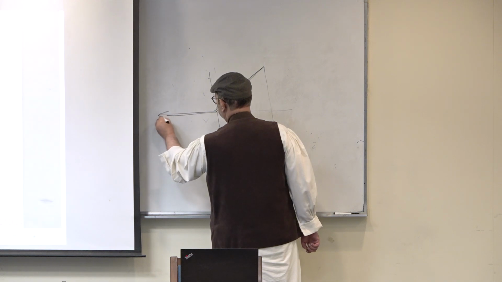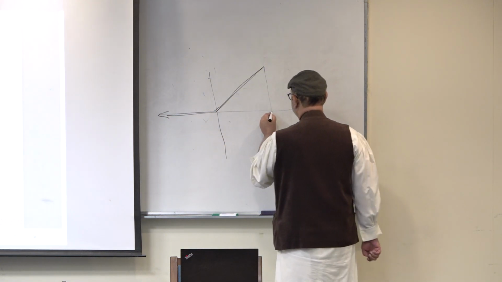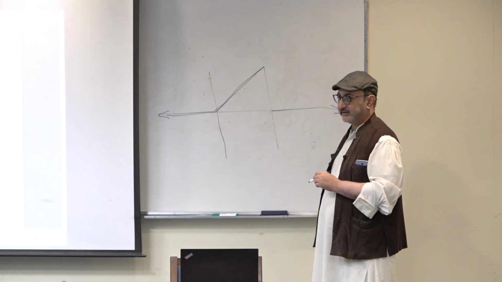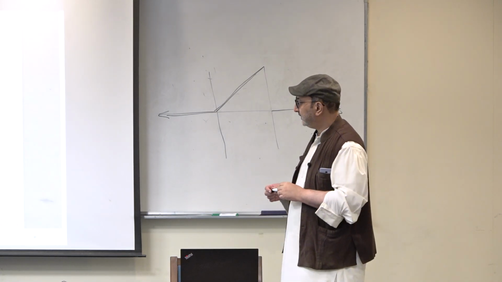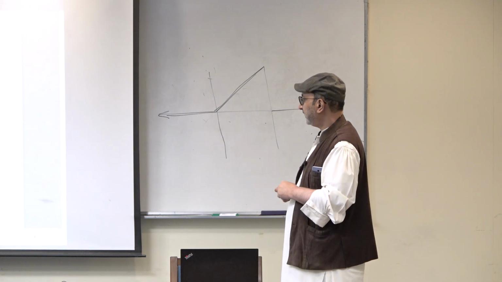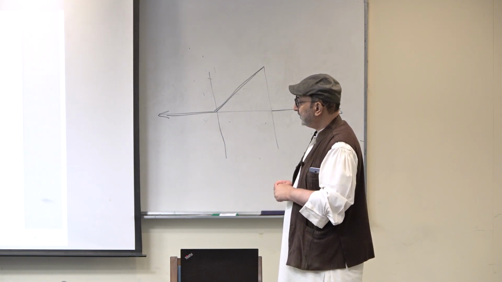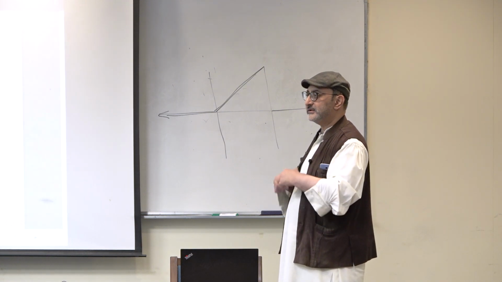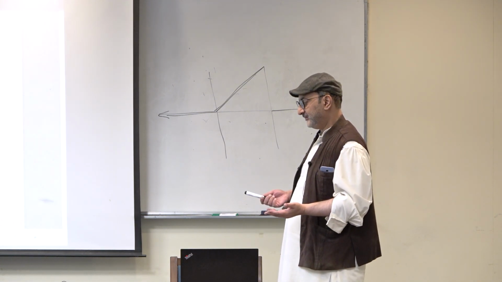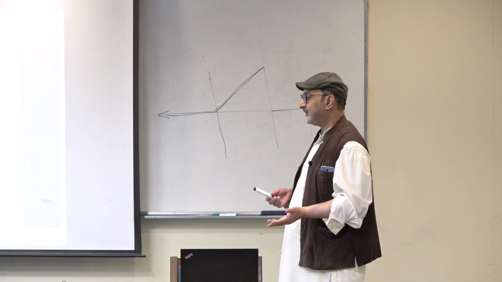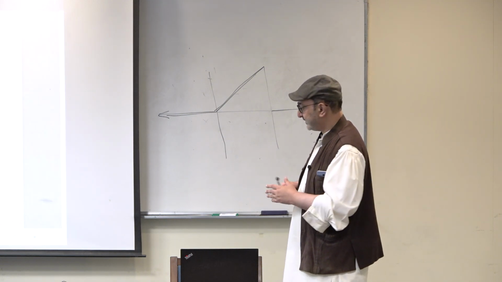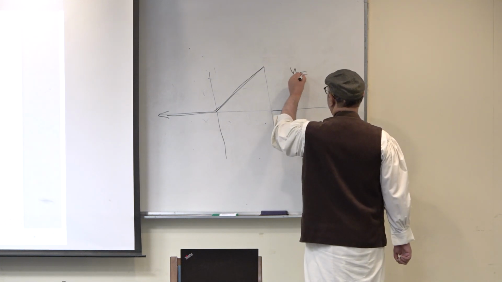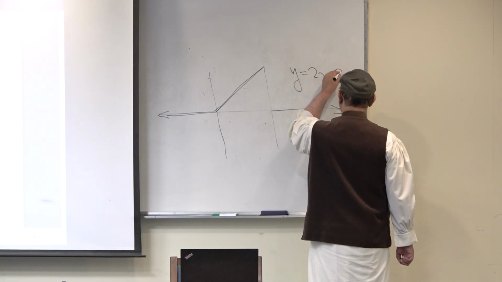Over here, the PDF takes 0 values, and over here, the PDF takes 0 values. Now I'm going to have a new random variable defined in terms of X. I'm going to say that Y is equal to 2X minus 3.